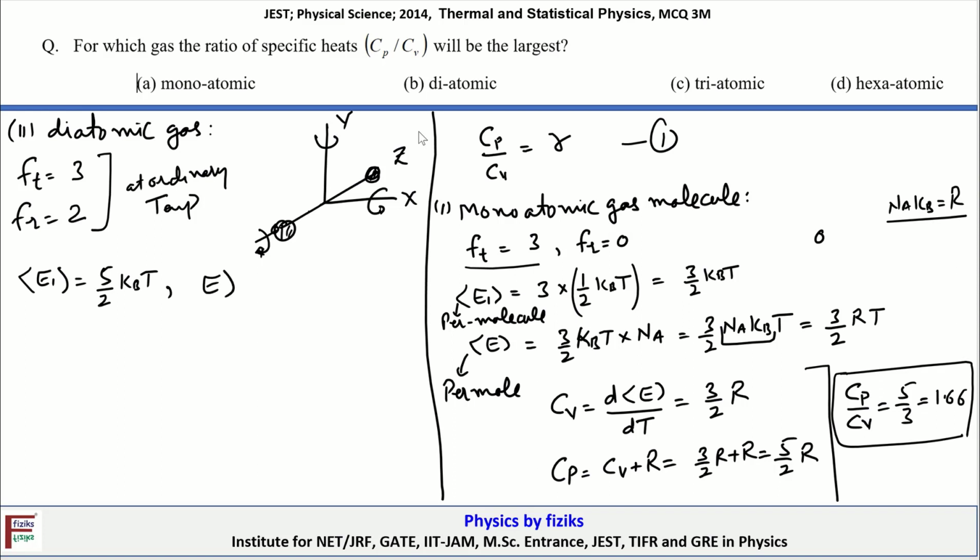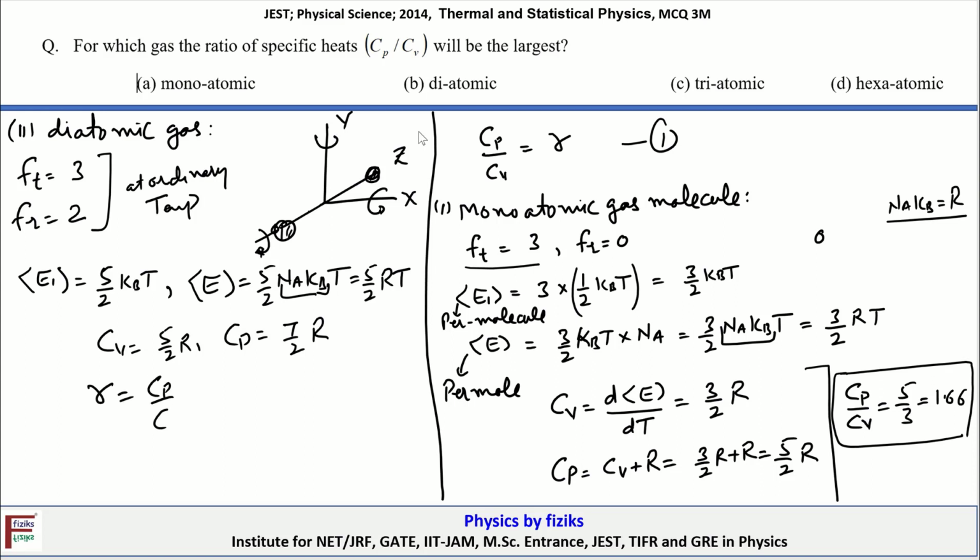Therefore per mole this is 5/2 Na kBT, that is 5/2 RT per mole. So the Cv value, equal to dE by dT, is 5/2 R, and Cp is equal to 5/2 R plus R, so it's 7/2 R. Therefore gamma for diatomic is equal to Cp by Cv, that is 7/5, which is equal to 1.4.